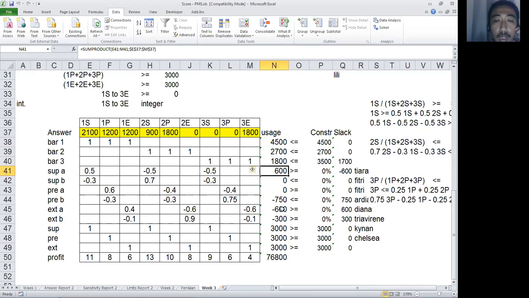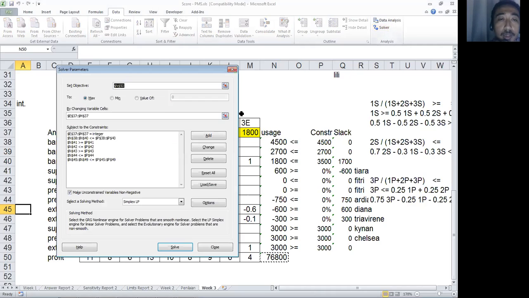Okay, but there is some mistake here. This could not fulfill the constraint. It should be more than, but this is less than. Okay, don't worry. We will check about this one. I will check about this, and you need to check about this one. Maybe I miss the sign here.